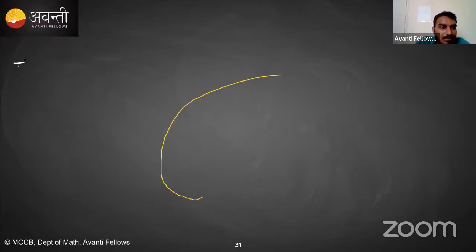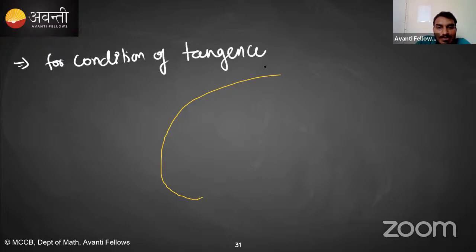Condition of tangency means for a line y equal to mx plus c to be a tangent, D should be 0.